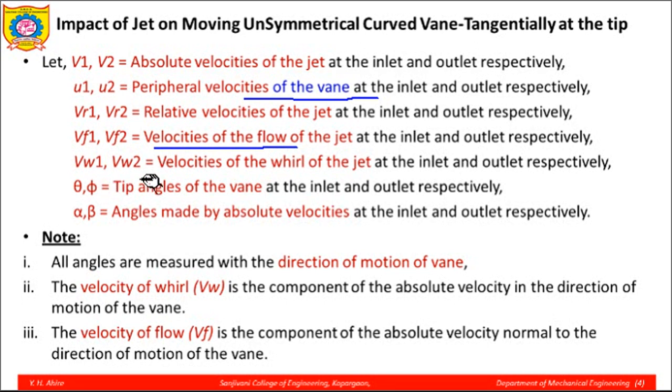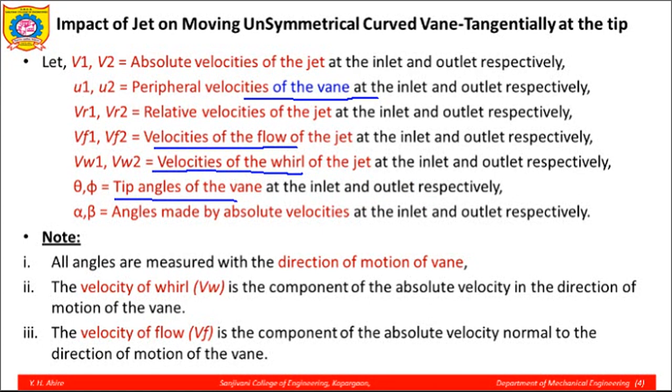VW1 and VW2 are defined as velocities of whirl of the jet at the inlet and outlet respectively. Further, theta and phi are defined as tip angles of the vane at the inlet and outlet respectively.